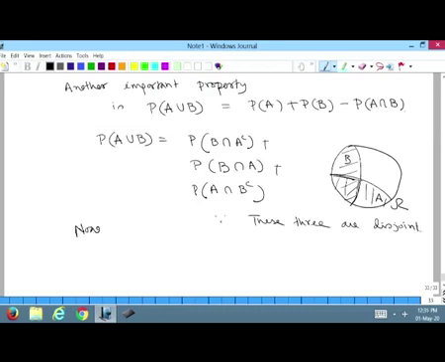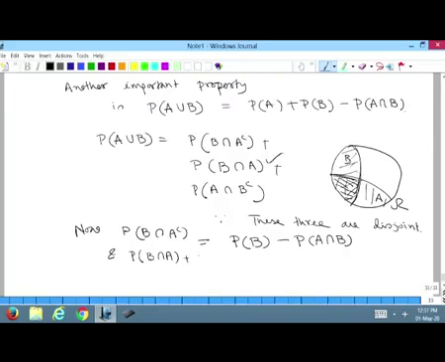Now, probability B intersected with A complement, which is this part, is equal to probability of B minus probability of A intersected with B, because we are subtracting this part from the probability of B, and probability of B intersected with A plus probability A intersected with B complement is equal to probability of A, because we are adding these two parts.